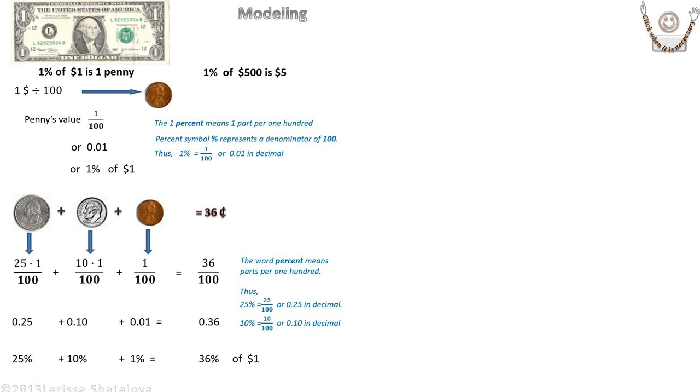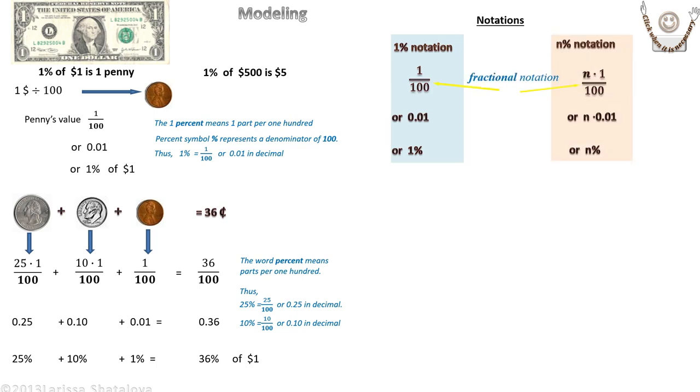Now we can say fractional notation is if you see the fraction bar and 100 as a denominator. Decimal notation if you see a decimal point or if you can rewrite the number having a decimal point. Percent notation if you see the percent symbol.